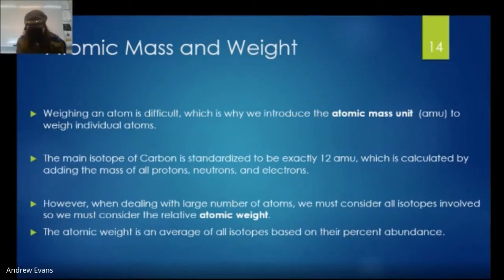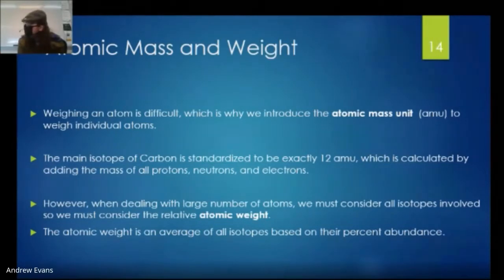We physically define AMU. When you have a mass, you have to have a standard that mass is based on. Just like a gram has to have a standard gram that we can weigh. 1 gram always weighs this amount. 1 pound always weighs this amount. 1 foot is always this distance. So we've physically defined AMU so that the main isotope of carbon, 1 atom of that, weighs exactly 12 AMU.